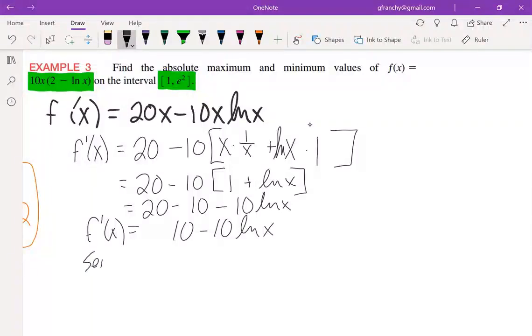And we're going to want to set the derivative equal to 0. So we have 10 minus 10 log x equal to 0, adding 10 log x to each side.